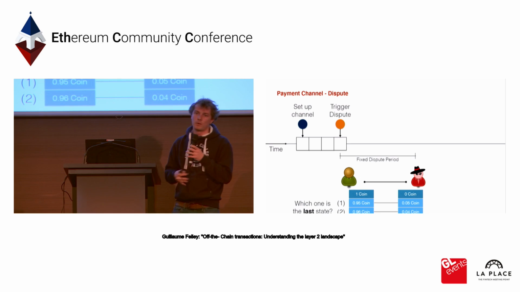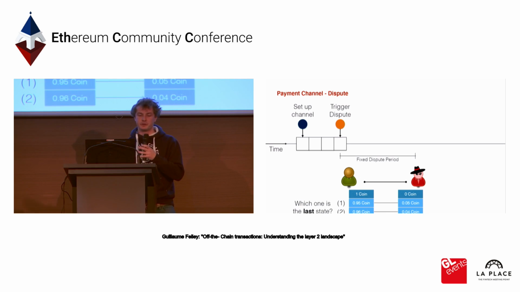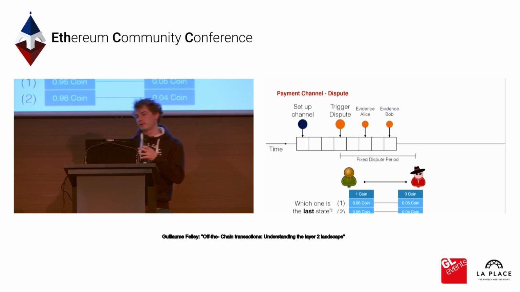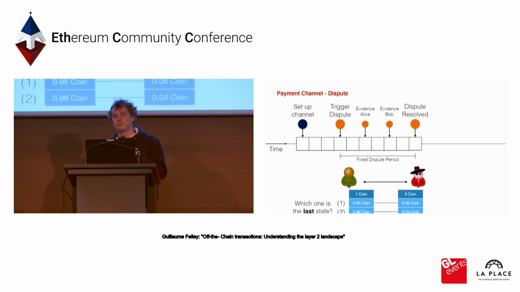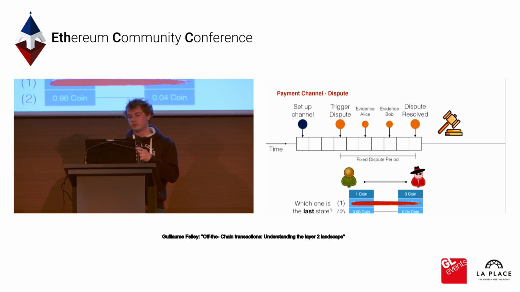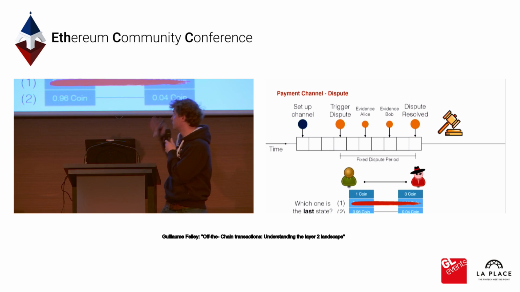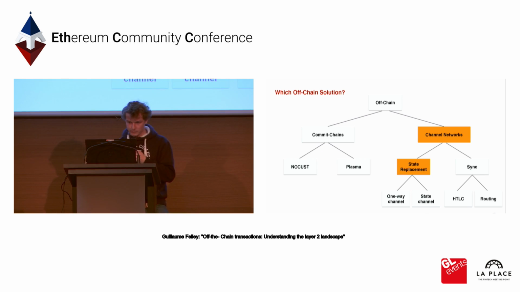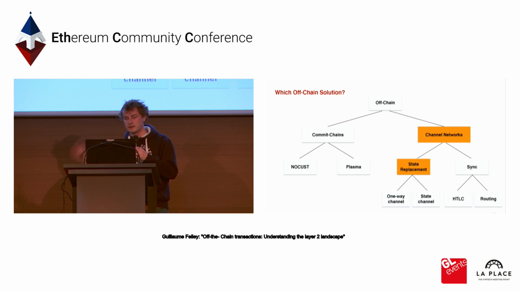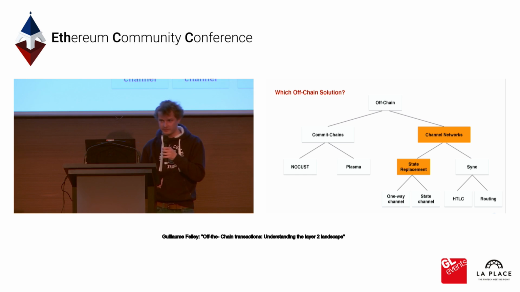Either of the 2 parties can start a dispute, and both parties will provide their own evidence, and the blockchain will somehow settle the dispute and choose which state is the latest. And hopefully it will choose the last one. This works with state replacement methods, where you somehow invalidate the old state.